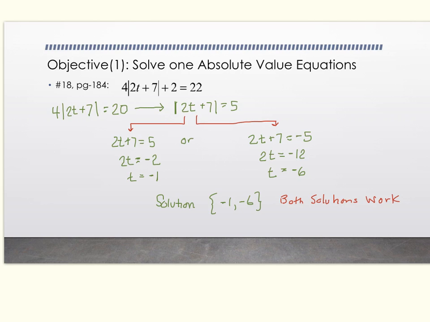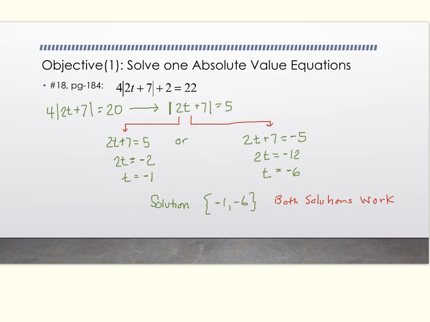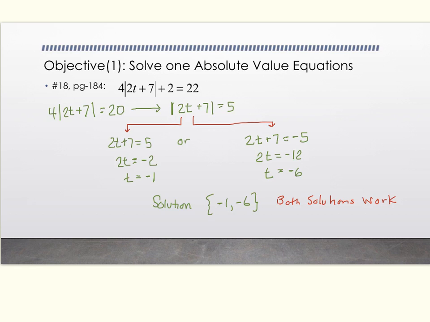So to do that, we subtract 2 from both sides of the equation, and we get the absolute value of 2t plus 7 is equal to 20. And then we divide both sides of the equation by 4, and we get the absolute value of 2t plus 7 is equal to 5.